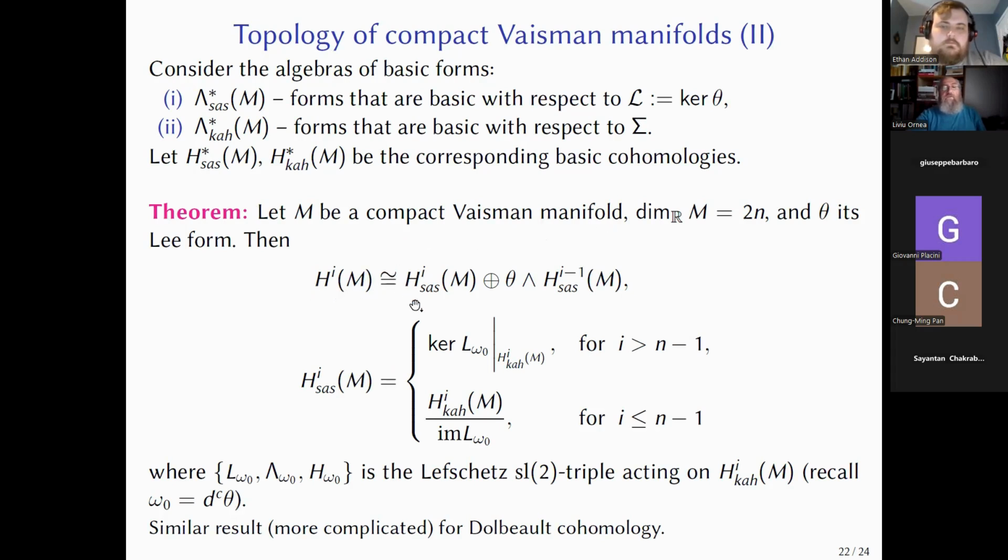So it decomposes in one part, which accounts for the cohomology of the transverse to the Lie field, and this part is clearly described in terms of the SL2 action on the cohomology.